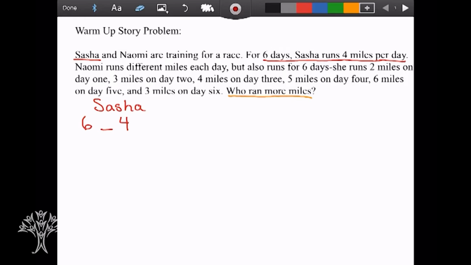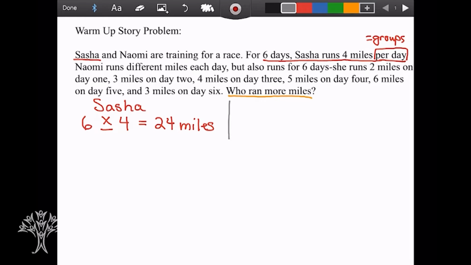I see this thing per day, and I'm thinking about equal groups of things. So when we talk about equal groups of things, I hope you're remembering that means multiplication. So 6 times 4, we can figure out that Sasha ran 24 miles. All right, so there's part 1.